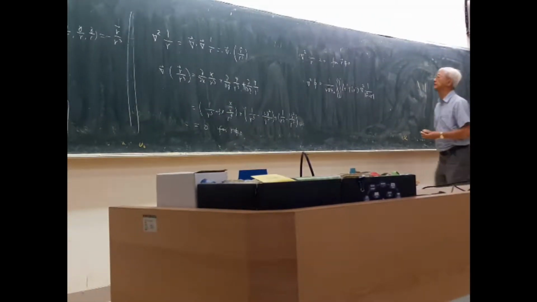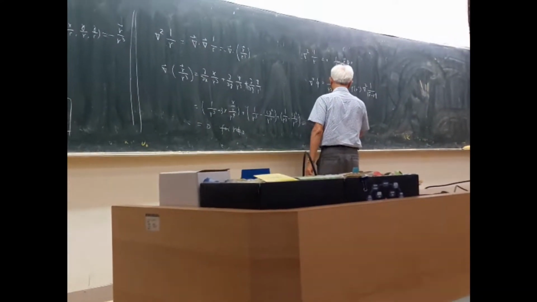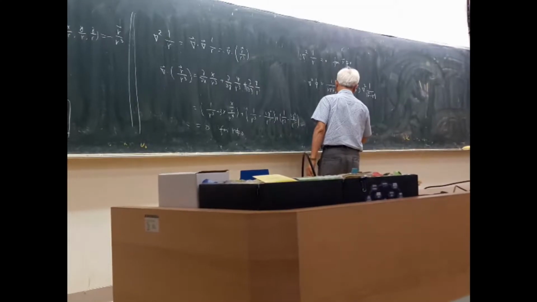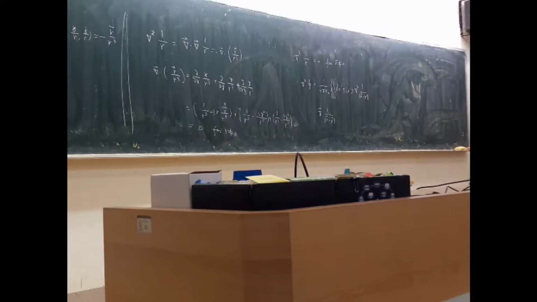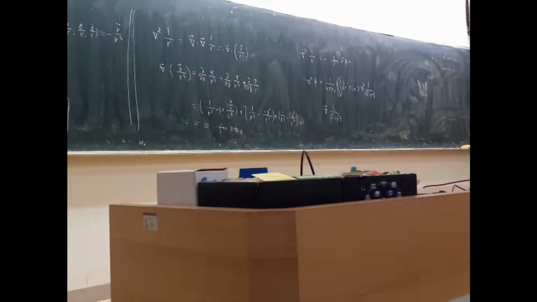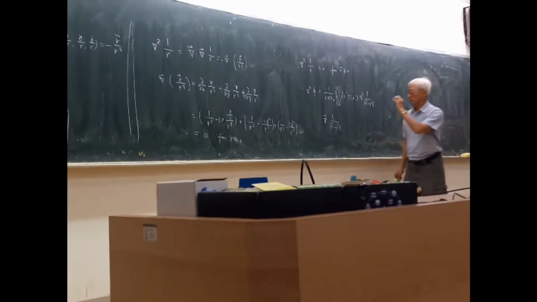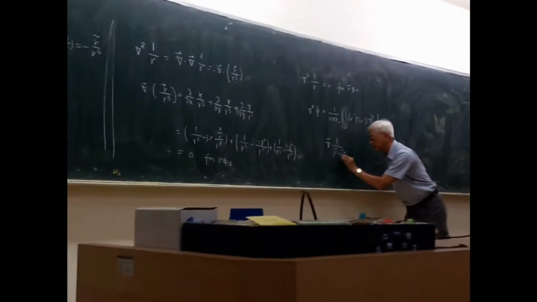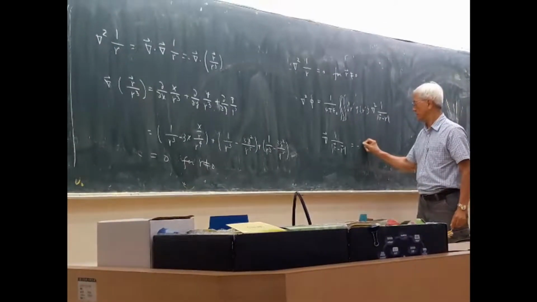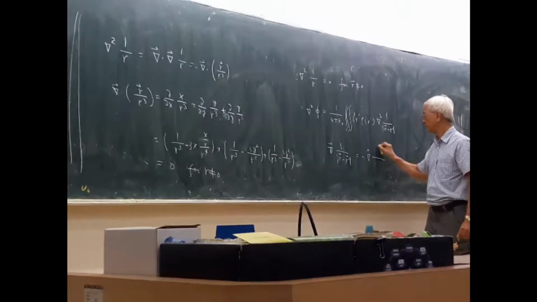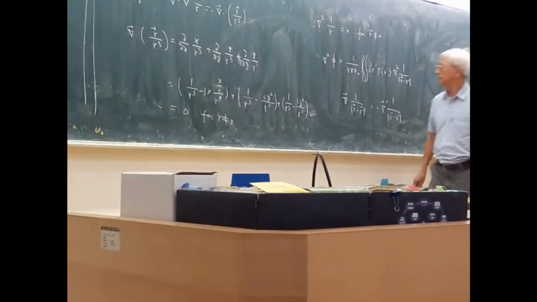But before we do that, let's take a look at this one, the gradient. This involves differentiation with respect to r. What happens if I want to do that differentiation with respect to r prime? This can be easily equal to the gradient with respect to r prime, with a minus sign.